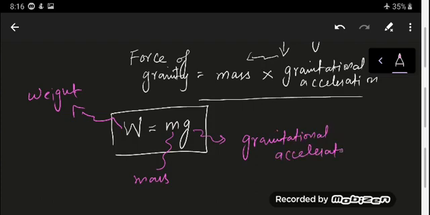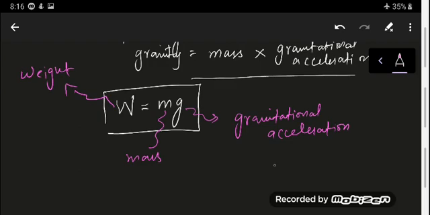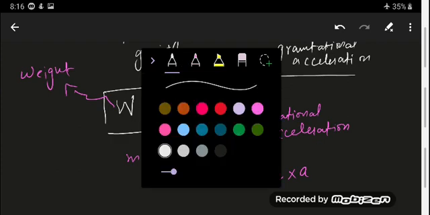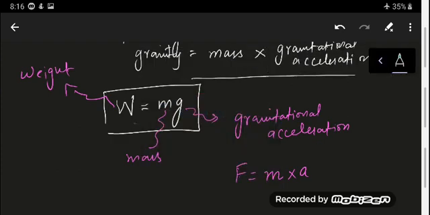In fact, this is derived from Newton's second law, which I'm going to talk about in the other video on Newton's laws. Newton's second law is F equals mass times acceleration. So if you compare both of these equations, this force is the weight, the mass is m, and the gravitational acceleration is in fact the acceleration.